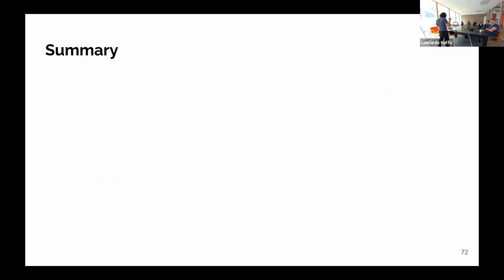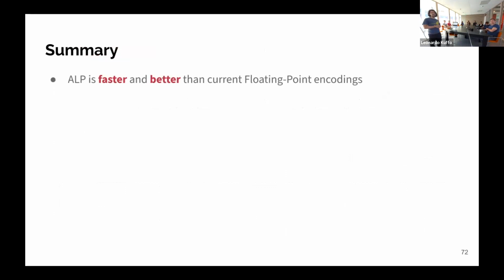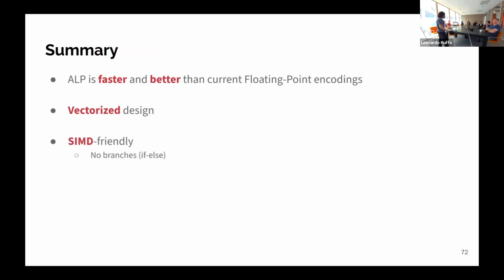And yeah, basically that's it. So as a summary, ALP has shown to be faster and better than current floating point encodings. It's fully tailored to fit into a vectorized design, with compiler-friendly code, so we avoid as much as possible in the main encoding process that there are no branches and no if-else. Also, thanks to FastLanes, we can build it upon scalar code that auto-vectorizes.